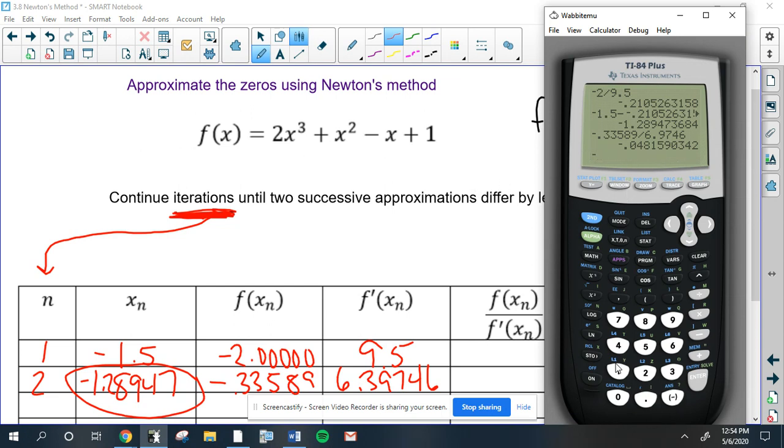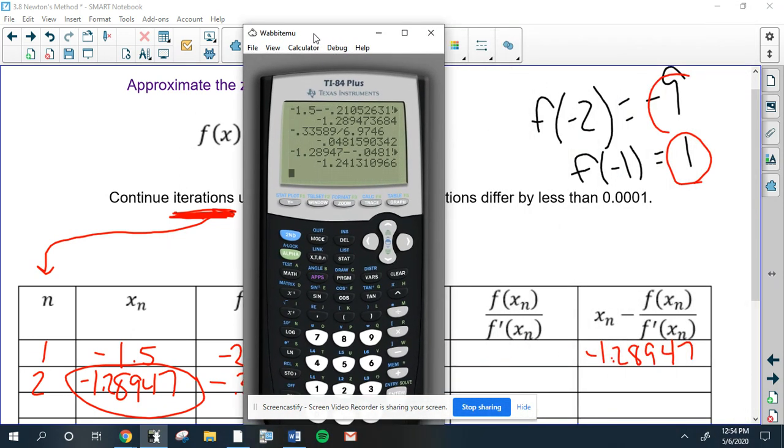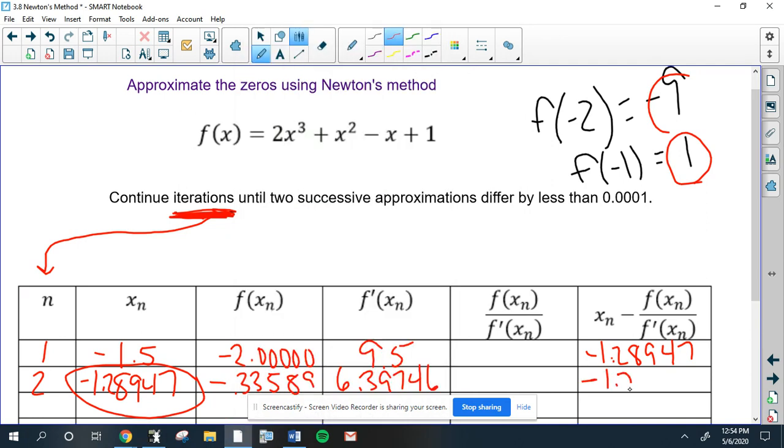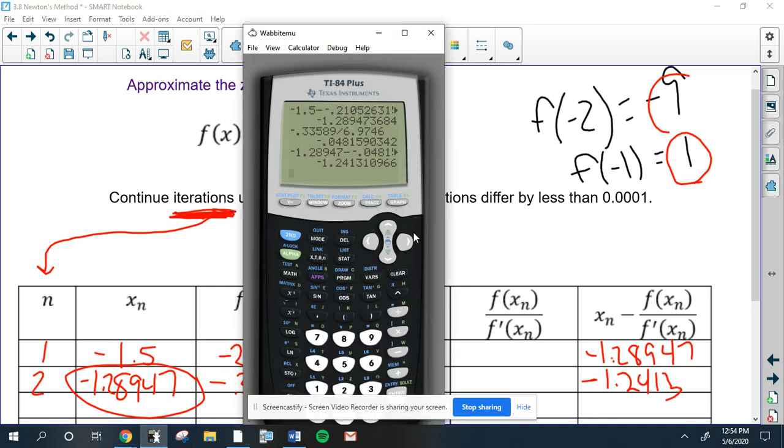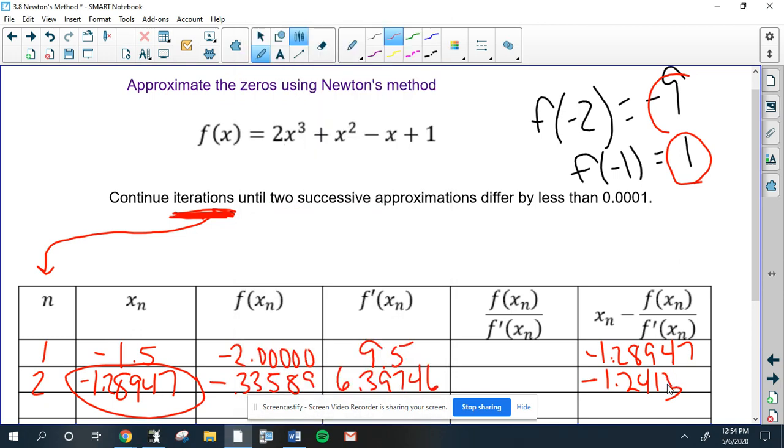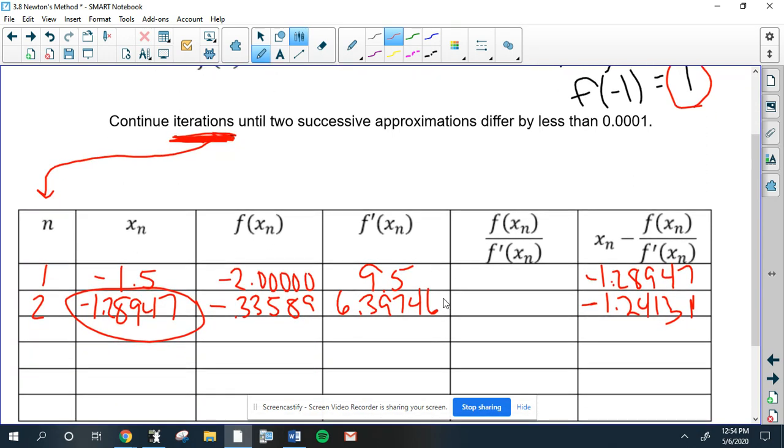So negative 1.28947 minus this to get my result of negative 1.2413. One more decimal place: 1.241311. And here we go again.